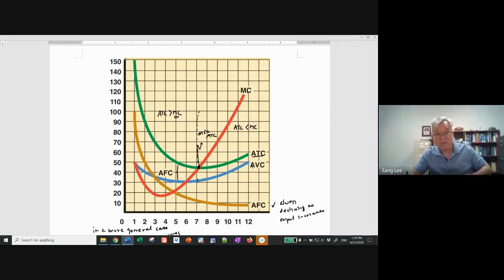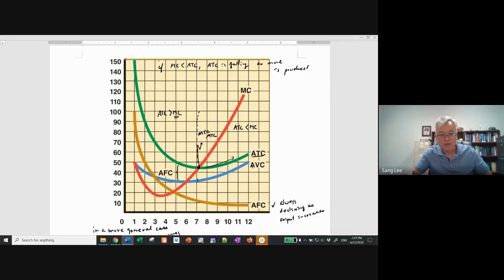Greater than previous average, then what? What do we know? Average score is what? Rising. So this is now what? Rising here. Okay. So if we summarize, if at any output, if marginal cost is smaller than average total cost, then what? ATC is falling, decreasing as more is produced.